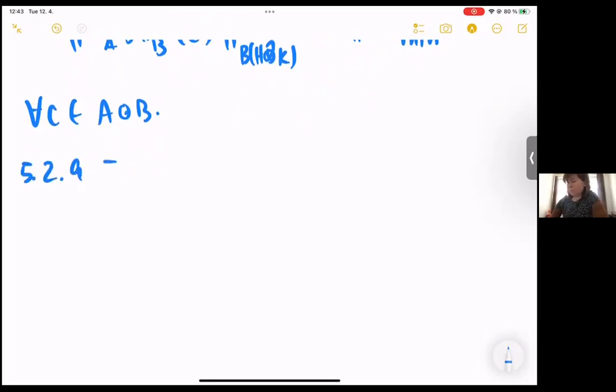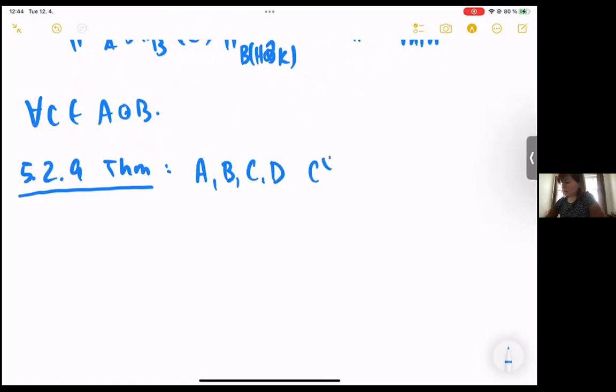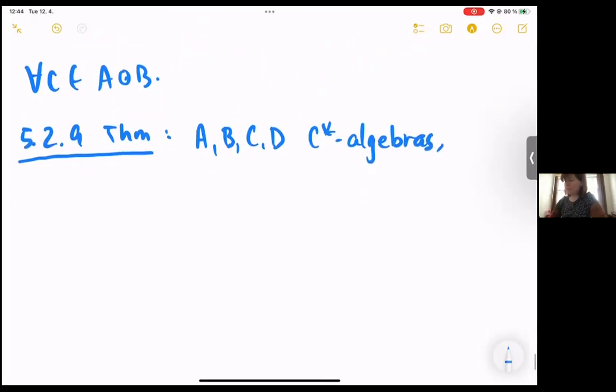So we can also always take the tensor product of maps with respect to the minimal tensor product. So A, B, C, D, these will be C-star algebras. So this is the minimal tensor product version of what we saw for algebraic tensor products. So we have star homomorphisms.